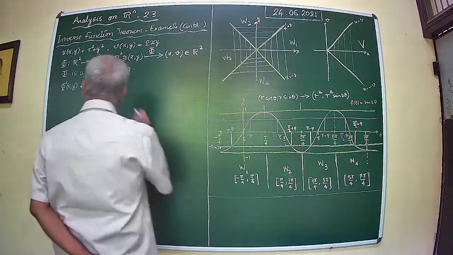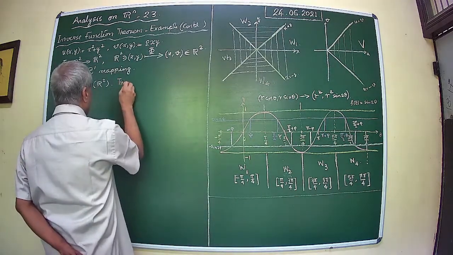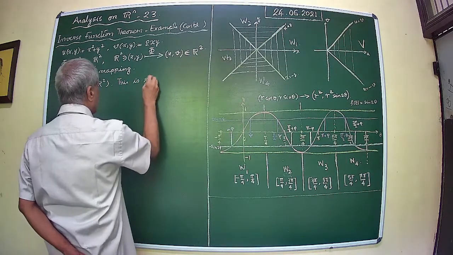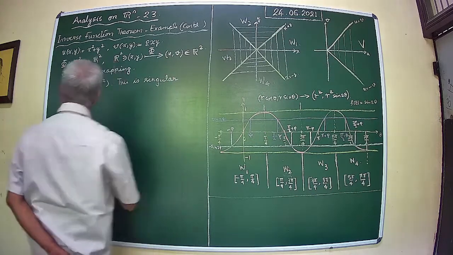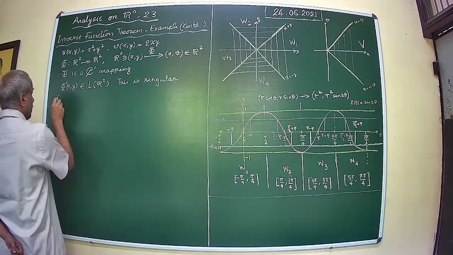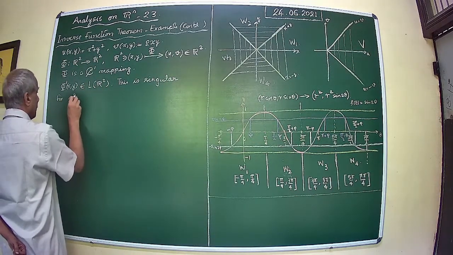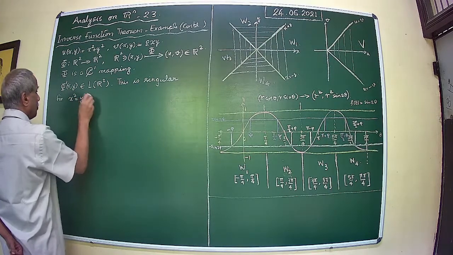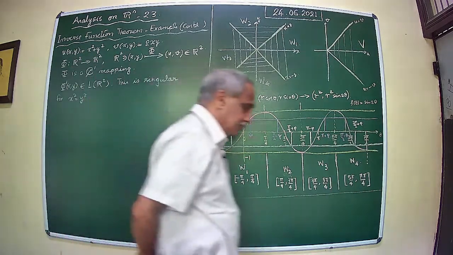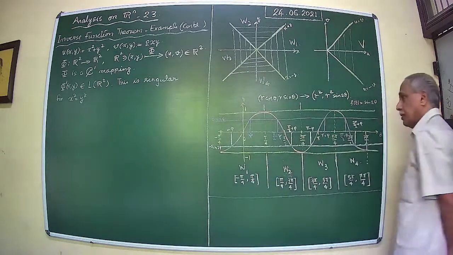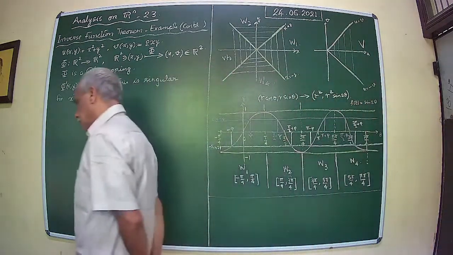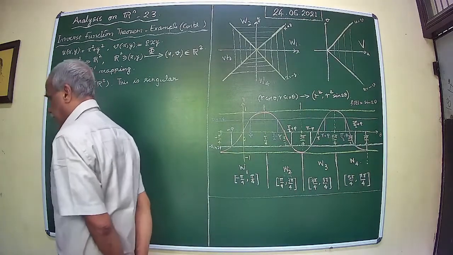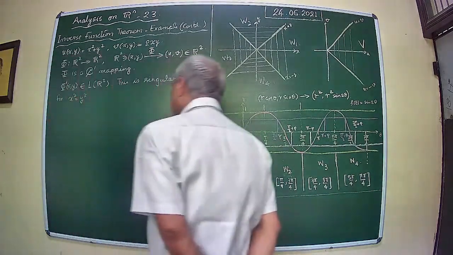This is singular for, if you work out the determinant of this with respect to the standard basis, it will become x square minus y square, and x square minus y square equal to 0 becomes singular.